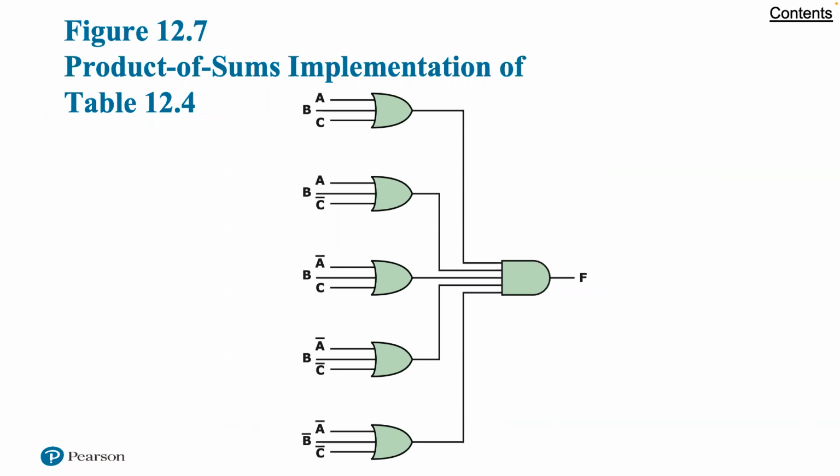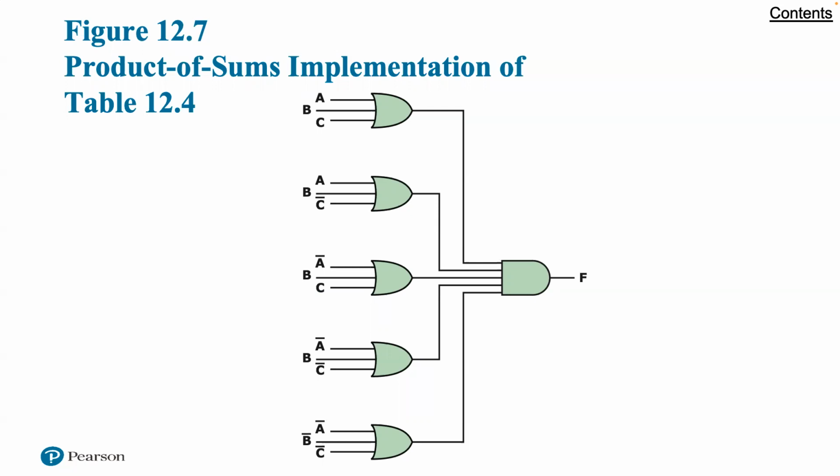The SOP form expresses that the output is 1 if and only if one of the input combinations that produce 1 is true. We can also say that the output is 1 if none of the input combinations that produce 0 is true. This is the product of sums, or POS form, which is illustrated in figure 12.7.